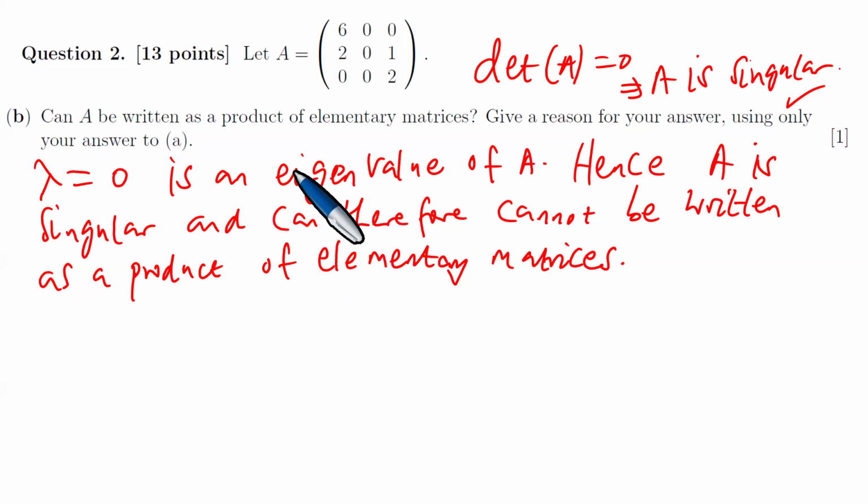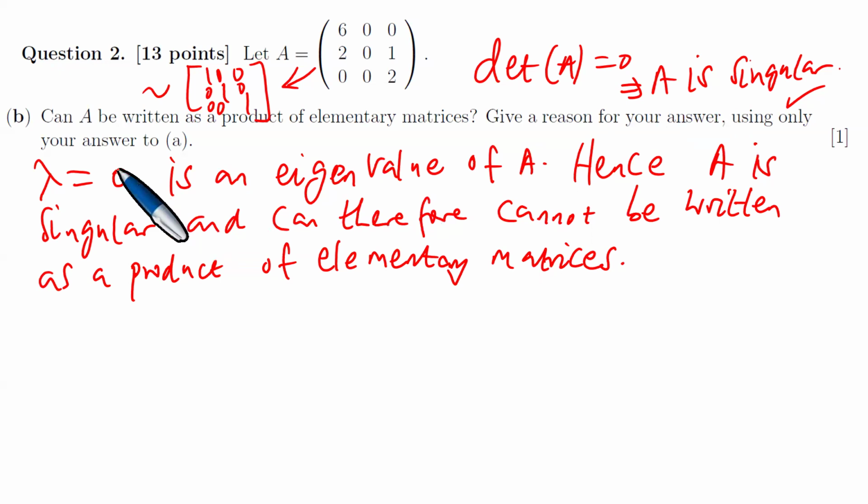Alternatively, a student can say, I want to find the inverse of the matrix A. Another student can row reduce it, because if a matrix can be reduced to the identity matrix, then the matrix itself is non-singular and invertible. But this would be a lot of work.